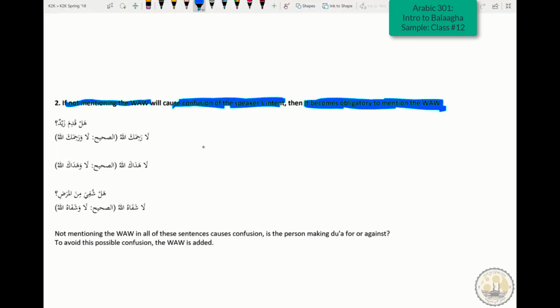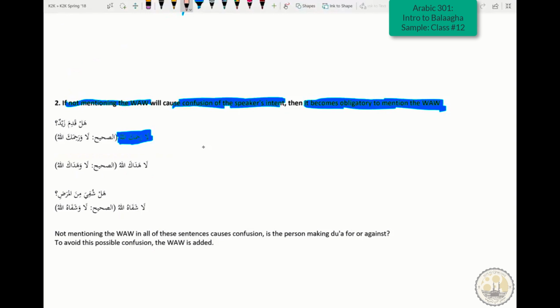So, for example, here, Hal qadima Zaydun, did Zayd arrive? Okay, if somebody asks you if Zayd arrived, you respond, La rahimakallah. No, may Allah have mercy on you. Okay, this statement as is, La rahimakallah, you can understand two things from this one statement. You can understand either no, may Allah have mercy on you, or you could understand from it, may Allah not have mercy on you.